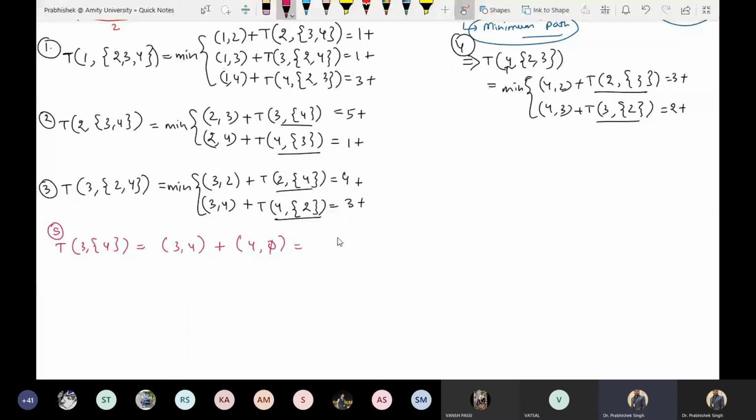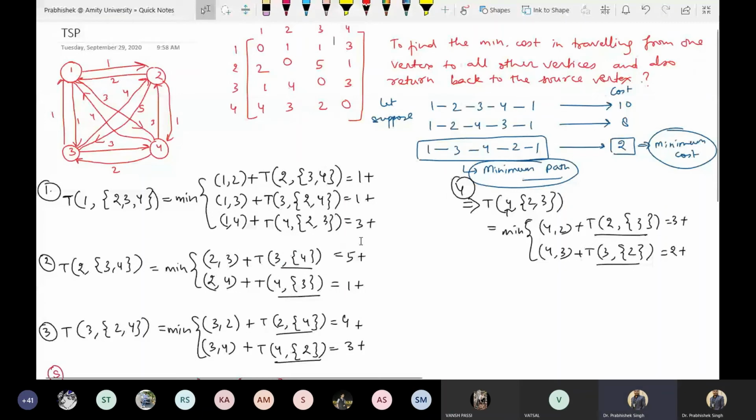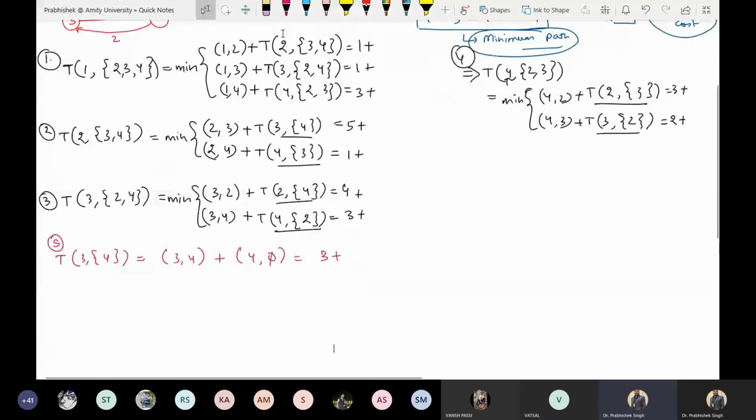If you have written the matrix in your copies, then you know that 3 to 4 is 3, and 4 to null means 4 to 1 you have to go. And 4 to 1 is what? It is 4. So it is 7.